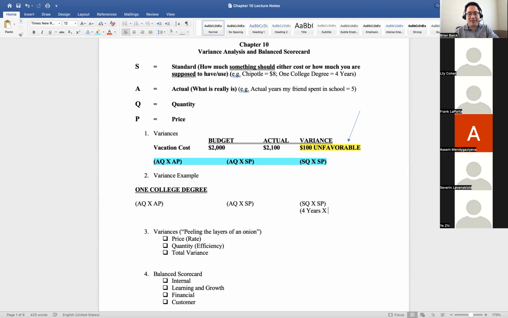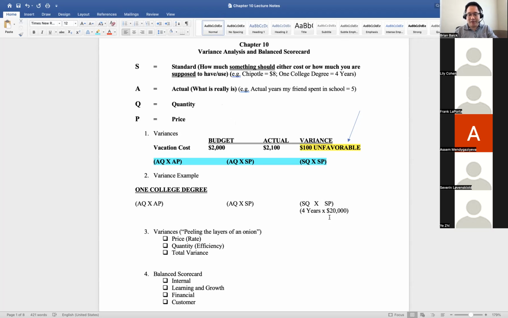Before you came to AU, how much did you expect AU was going to cost per year? $20,000? Okay, all right, people wrote a bunch of things, so let's put $20,000 because that's the first number I saw.